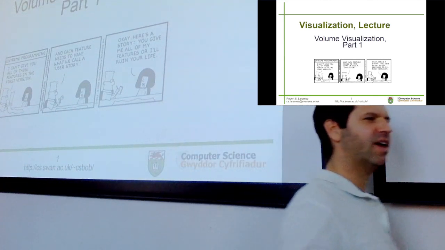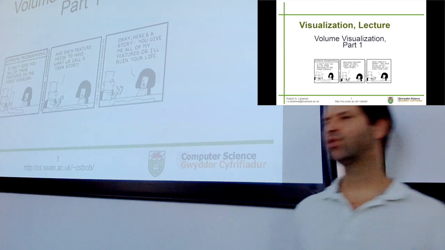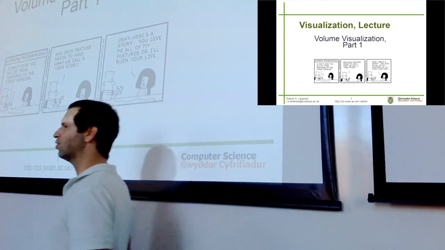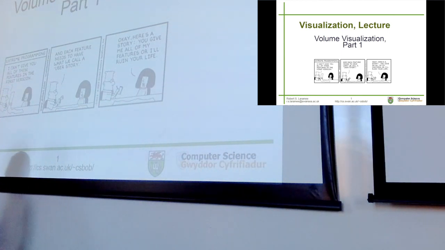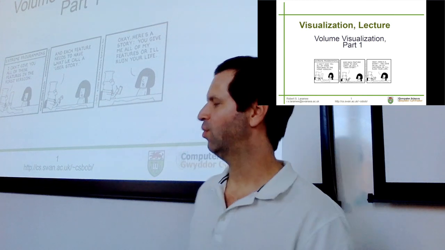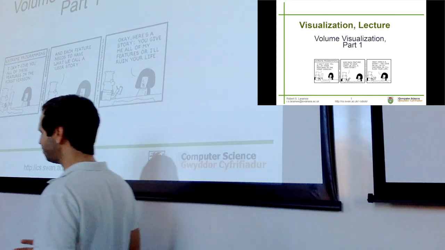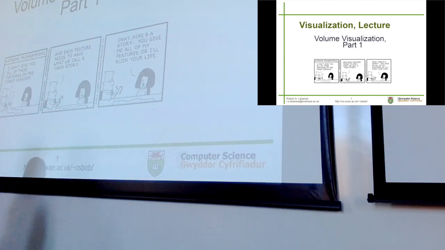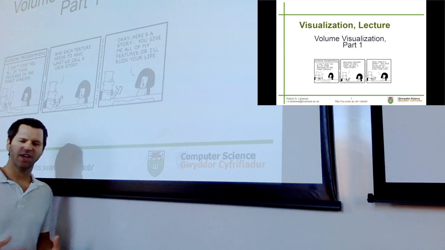Usually you take a class in information visualization only, or scientific visualization only, or possibly volume visualization only, or flow visualization only, and not this mixture. So we're switching gears into volume visualization, and you'll see that it's different.